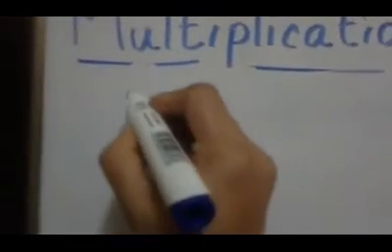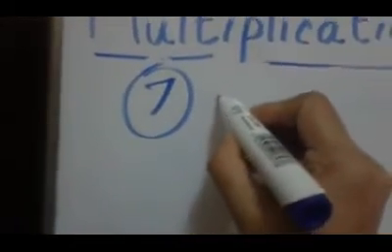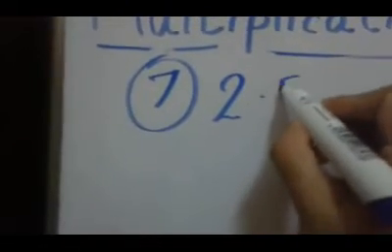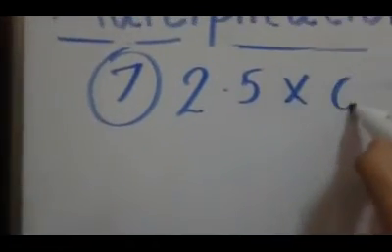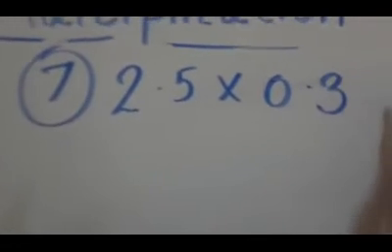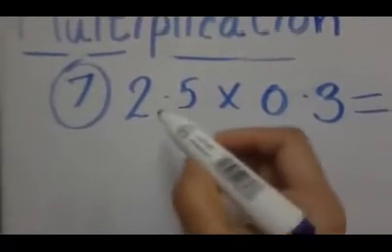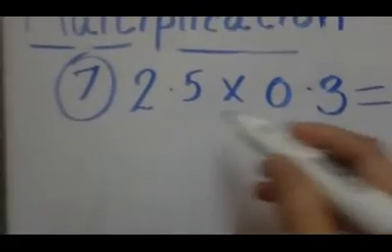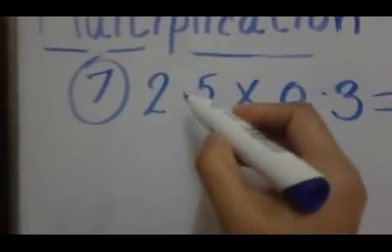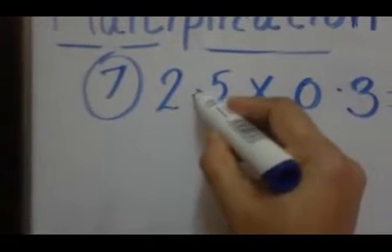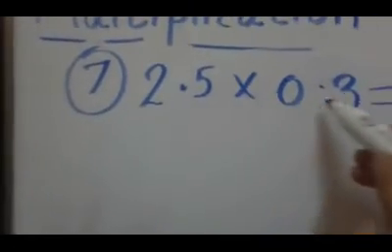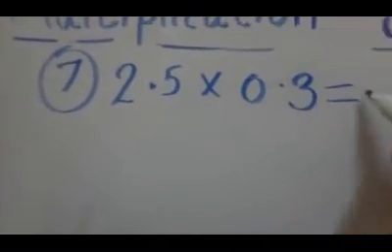Next we are going to learn how to multiply a decimal number by a decimal number. For example, if I want to multiply 2.5 into 0.3, what is the first step? The first thing we are going to do is ignore the decimal point and multiply. If you ignore the decimals, we will get 25 and here 3. What is 25 multiplied by 3?